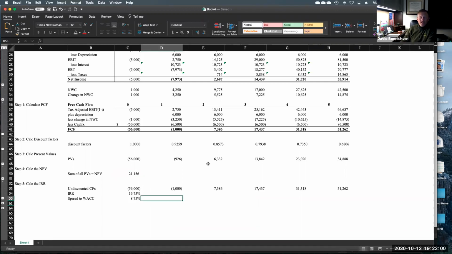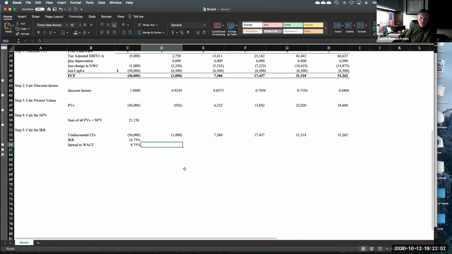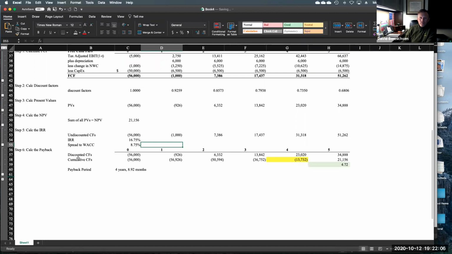So step 5 is to calculate the internal rate of return. Step 6, we're going to talk about payback period. Okay. This is not a metric that is used or should be used in the determining factor of whether or not you accept a project or reject a project. It is simply another data point to use in the analysis, right?